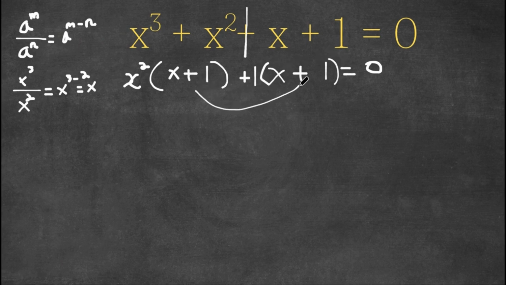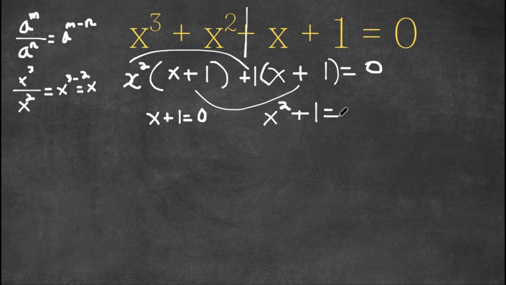So now these two are the same. That's one equation, x plus 1 equals 0. And then we have x squared plus 1. That's another equation, x squared plus 1 equals 0.